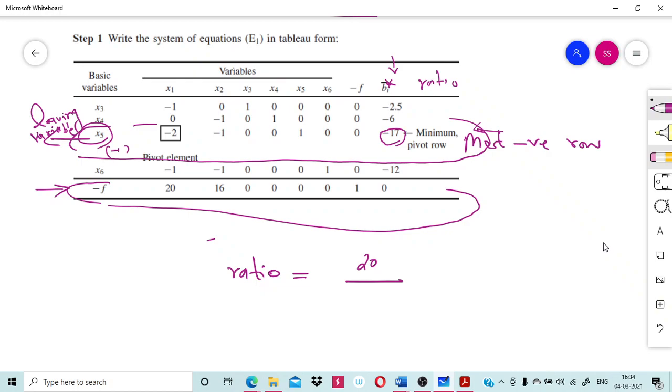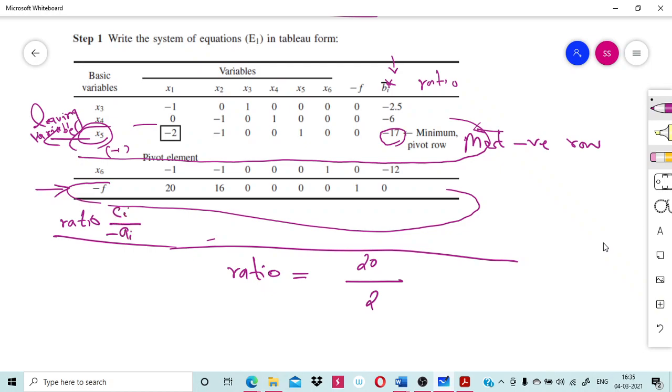The ratio is ci divided by minus ai. So 20 by 2 is equal to 10, and here you get 16 divided by 1, which is 16.